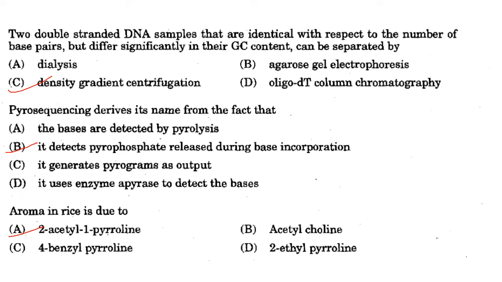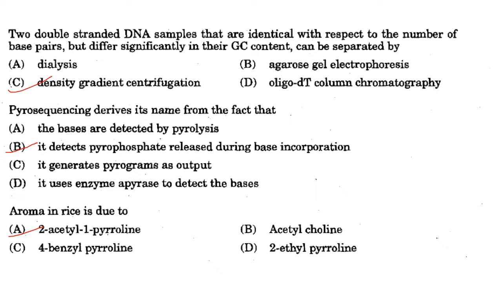Then, two double-stranded DNA samples that are identical with respect to the number of base pairs but differ significantly in their GC content can be separated by density gradient centrifugation. Density gradient centrifugation is based on the principle that particles in a solution are separated on the basis of their densities.